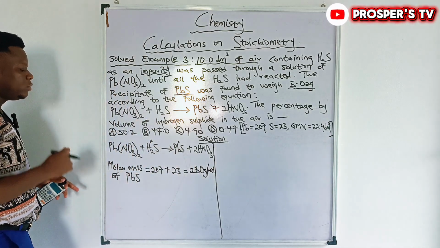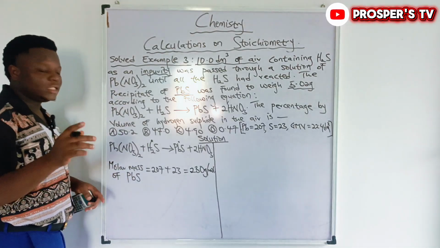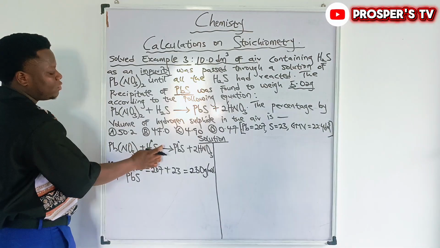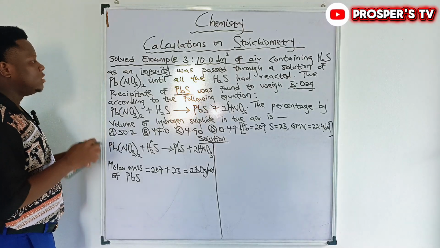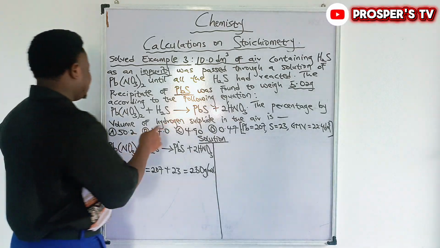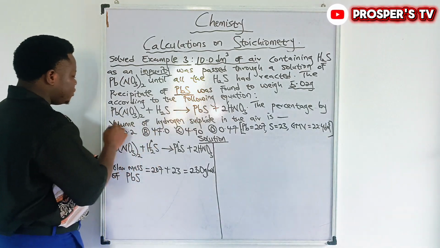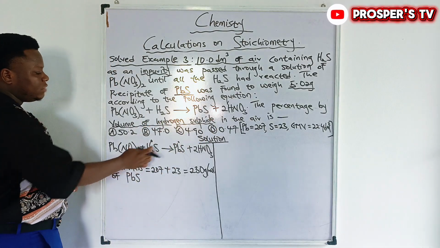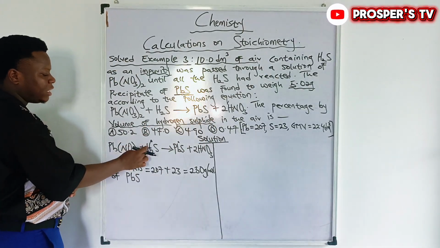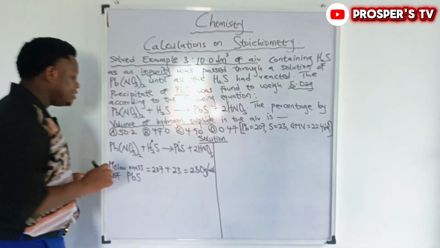All right, so since we've gotten the molar mass now, we can state our stoichiometry now. What we're interested in about hydrogen sulfide is what? Volume. Remember, the question said the percentage by volume of hydrogen sulfide. So I'm using volume here. And remember, 1 mole of a gas occupies 22.4 dm cube.